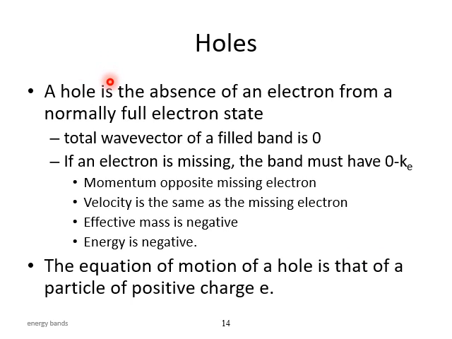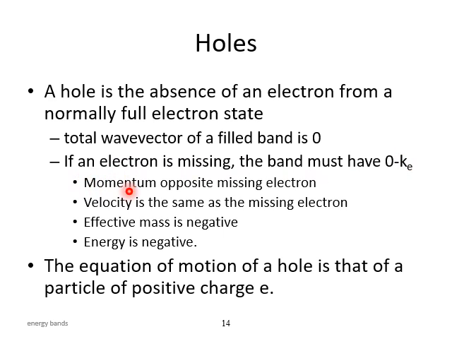So the semiconductor and solid state jargon word hole means an absence of an electron from a normally full electron state. You can think of it as a bubble where an electron is absent, okay? We can assess the properties of the hole by taking the total wave vector of a filled band to be 0, and then we take one electron out, then the total wave vector of all of the electrons in the system is 0 minus the momentum of the electron that we took out.